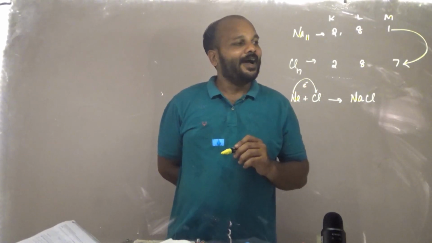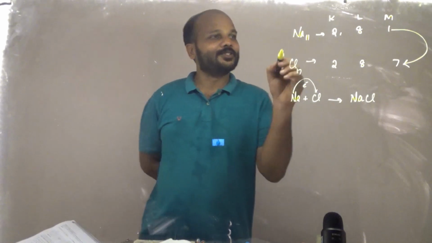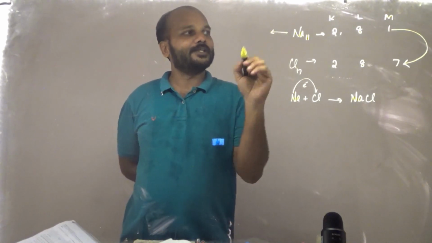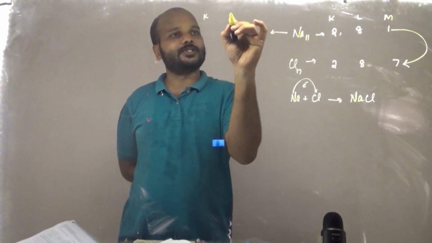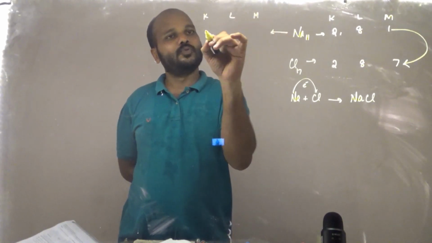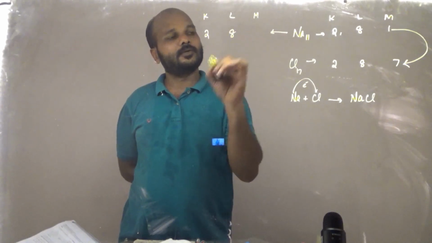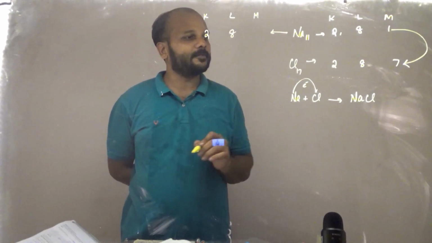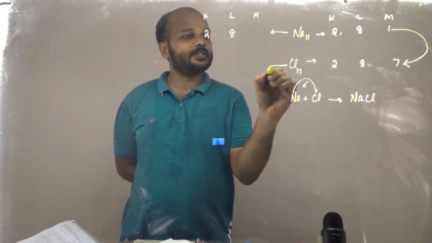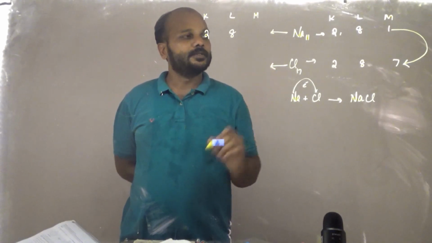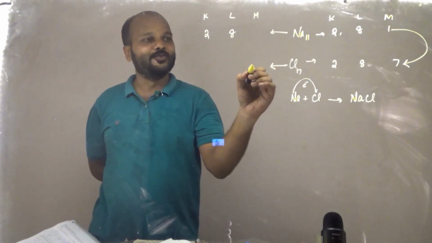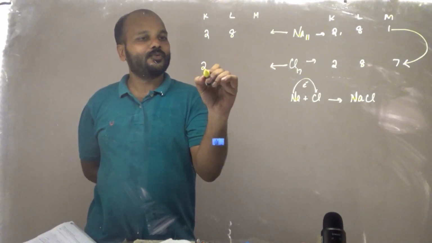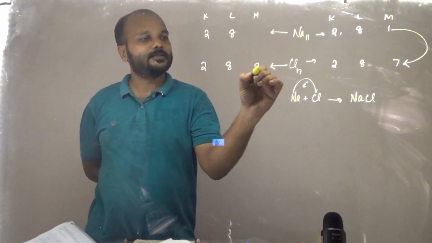Now when sodium loses 1 electron, its electronic configuration changes to 2, 8. Chlorine, if it accepts this 1 electron, will change to 2, 8, 8.